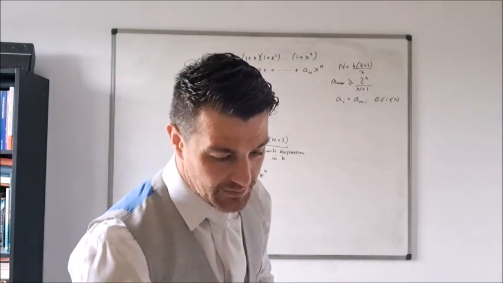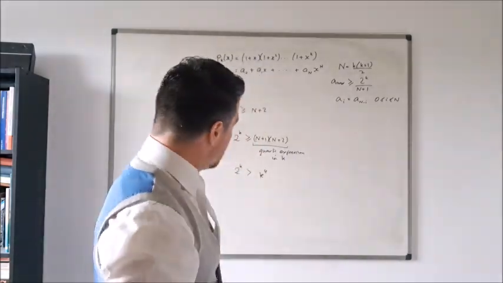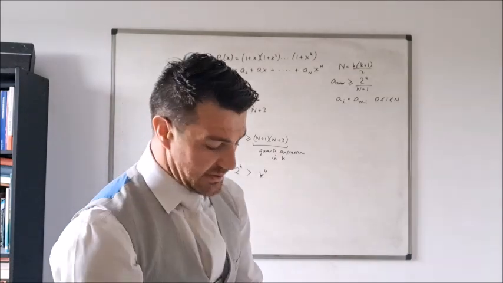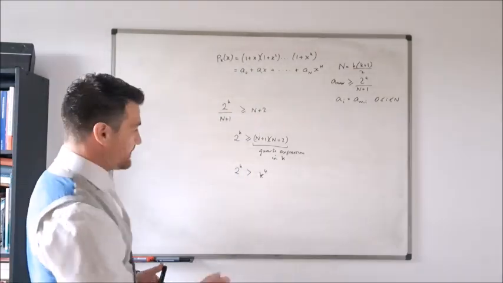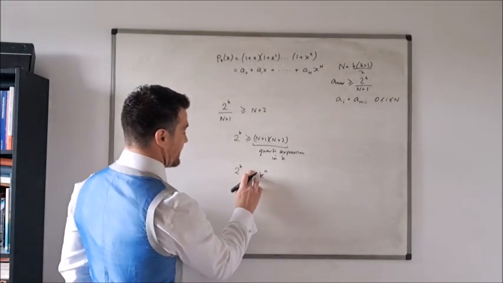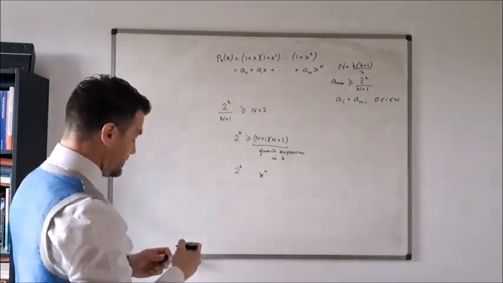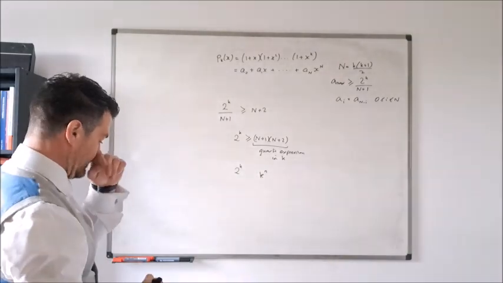So I was thinking, how can we actually prove in a satisfactory way that 2 to the power of k is going to be greater than k to the power of 4? So instead of k to the power of 4, I thought of k to the power of n, for some fixed value of n, not necessarily 4.